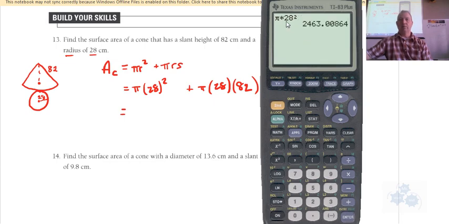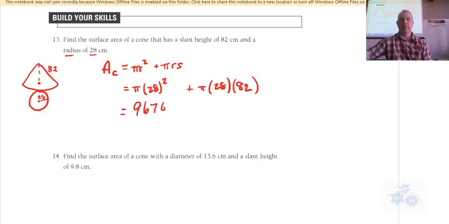You can do this piece by piece if you want: do this little part first, write it down, and then take that answer plus pi times 28 times 82. That should give you the total here: 9676.11 if we're going to go to 2 decimal places.